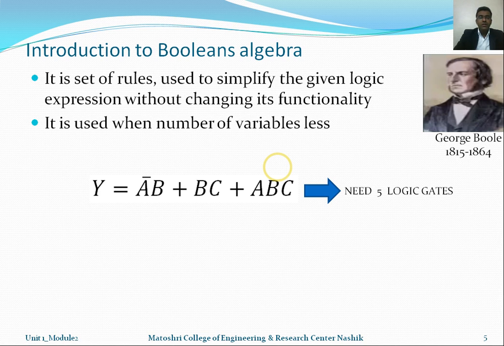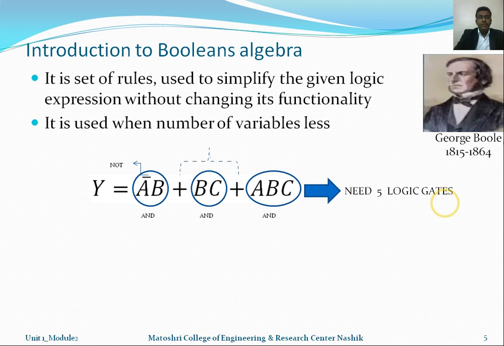If we design a logic circuit for this given expression, we need 5 logic gates. For this A complement, a NOT gate. For this A complement B, an AND gate. Again for BC, an AND gate, and for ABC, again an AND gate. So 3 AND gates are required, and in between the OR operation is performed. For this ORing operation we require a single OR gate.